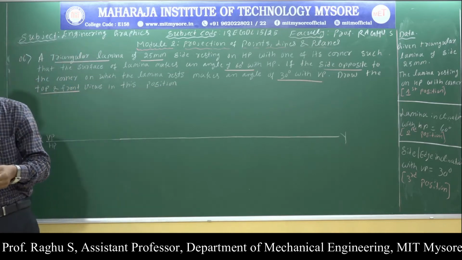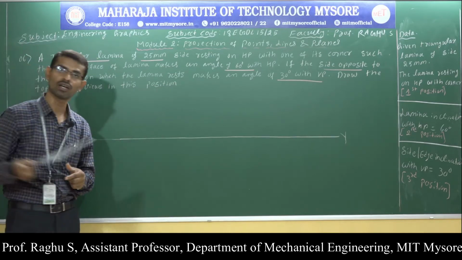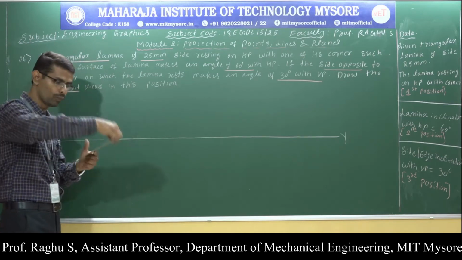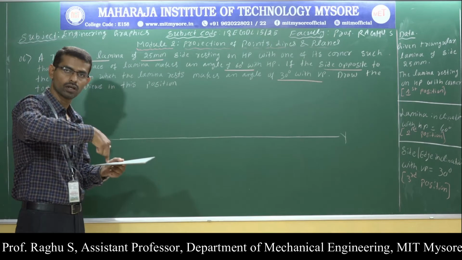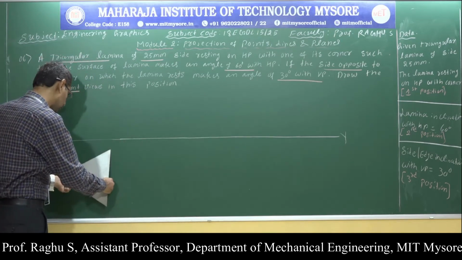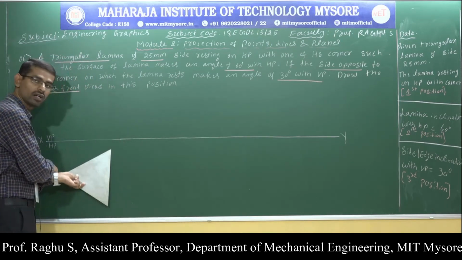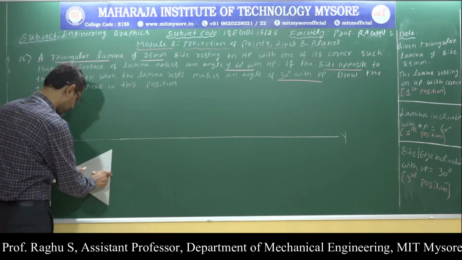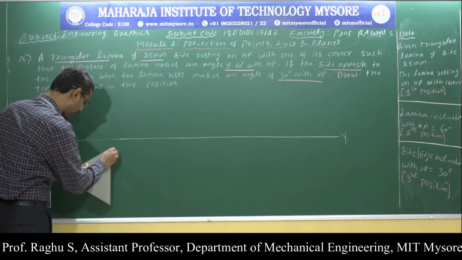Now construct an equilateral triangular lamina. Start the first position with the top view, because in the top view I am going to see the true shape. Construct an equilateral triangle such that the resting corner comes towards our left side. So draw a 25 mm line.